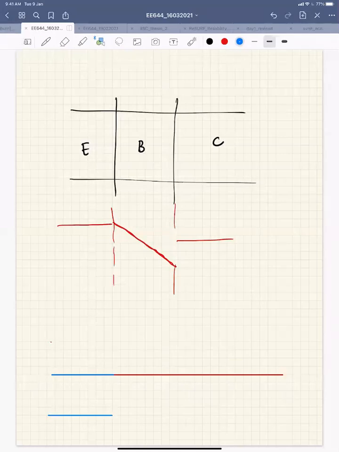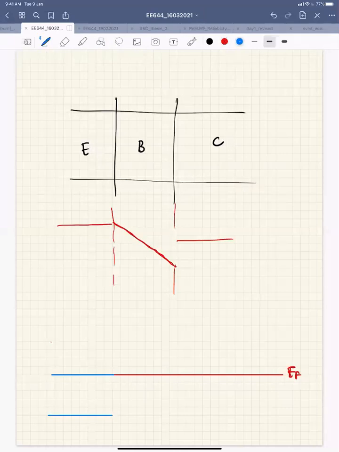Then I have a P type. So you have a graded doping. Your Fermi level is flat anyway, but your base doping is changing from emitter base to collector base.